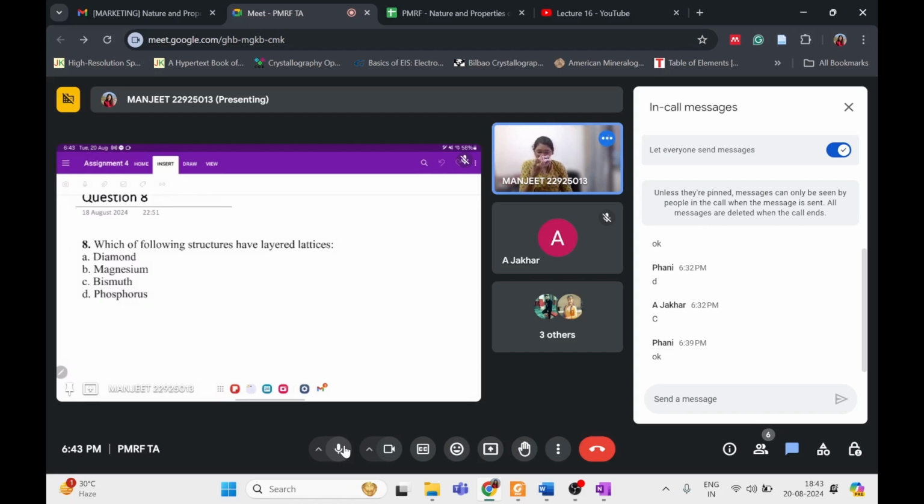This is taught in your classroom lectures. In the layered one, what kind of bonding exists in the layered lattice?